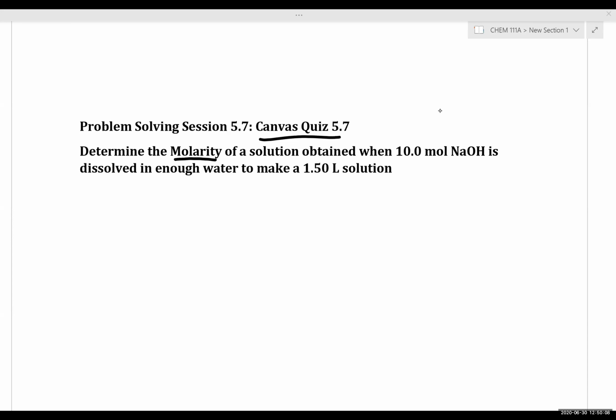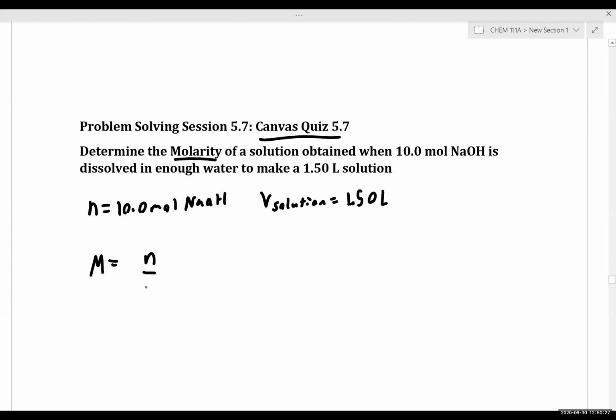First and foremost, we know that our moles of solute are 10.0 moles of sodium hydroxide, and the volume of our solution is 1.50 liters. So molarity is equal to moles of solute over liters of solution.